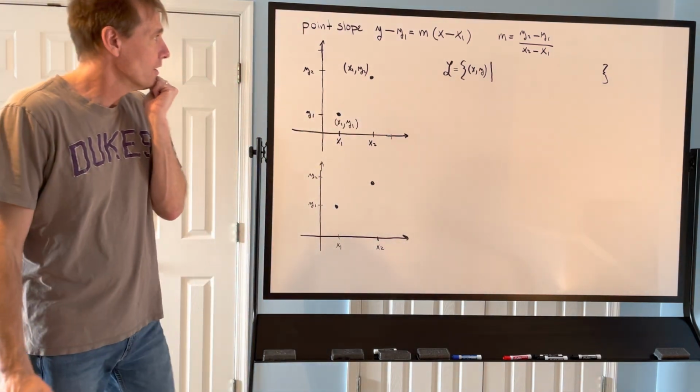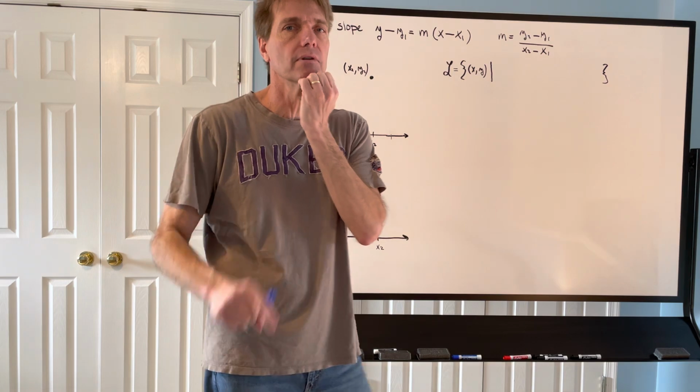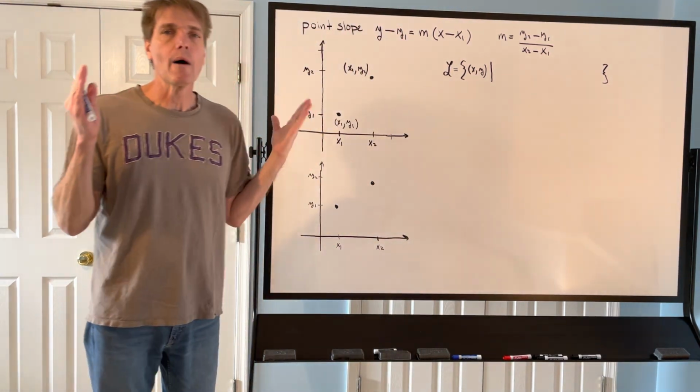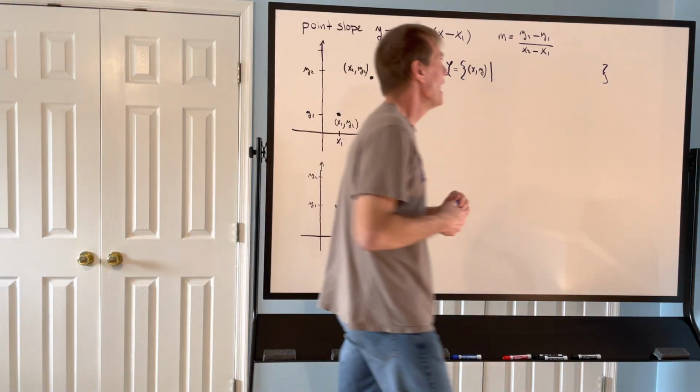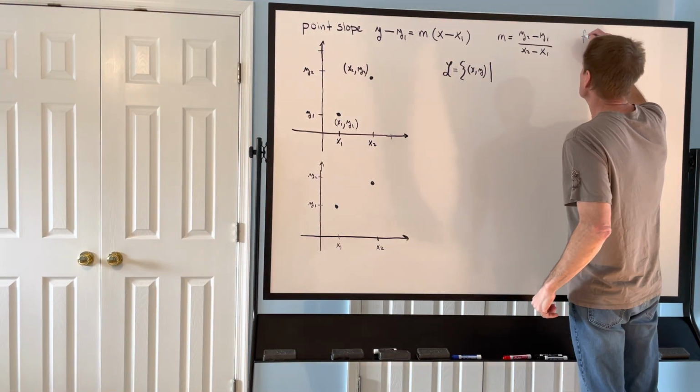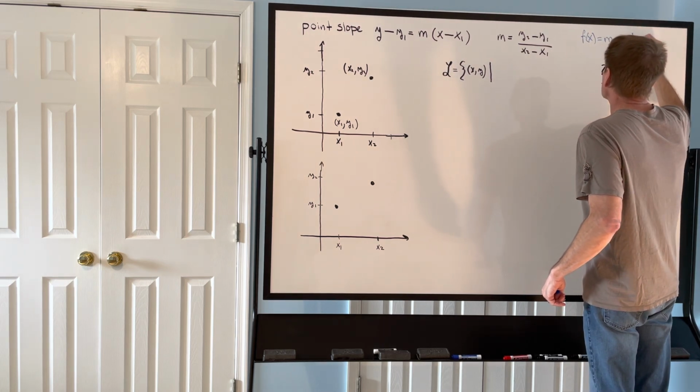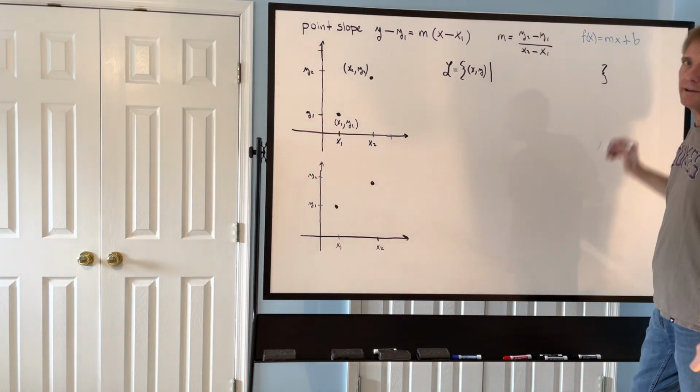If we go back to high school, probably the simplest function that we first ran into was our line. Do you remember that, where you had f of x? They just beat this into you. f of x equals mx plus b. That's your slope, that's your y-intercept.